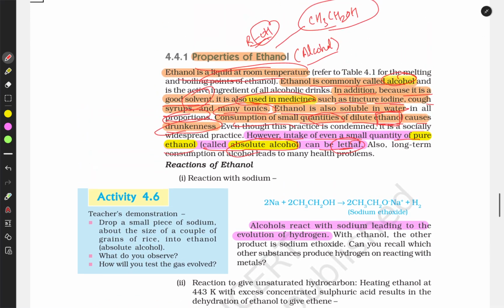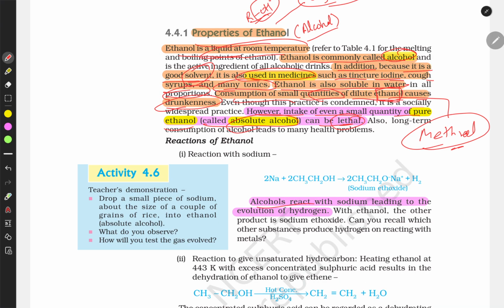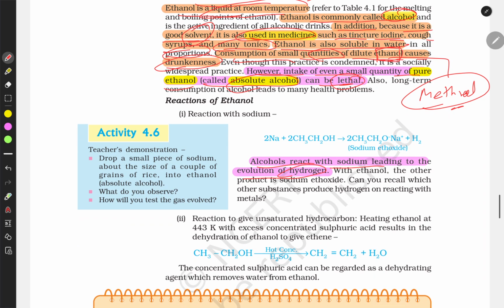Here ethanol is written, and methanol is poisonous. Alcohol reacts with sodium, leading to the evolution of hydrogen gas. When the alcohol reacts with sodium, hydrogen gas evolves and sodium ethoxide is formed.